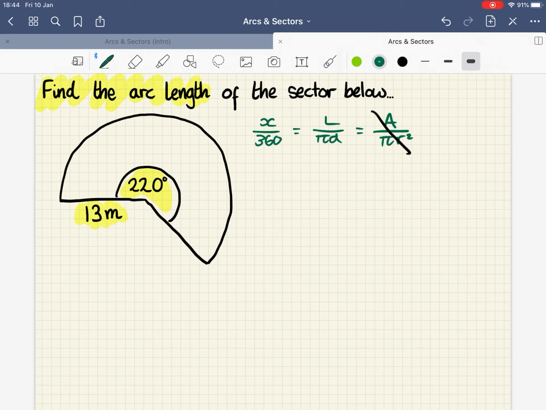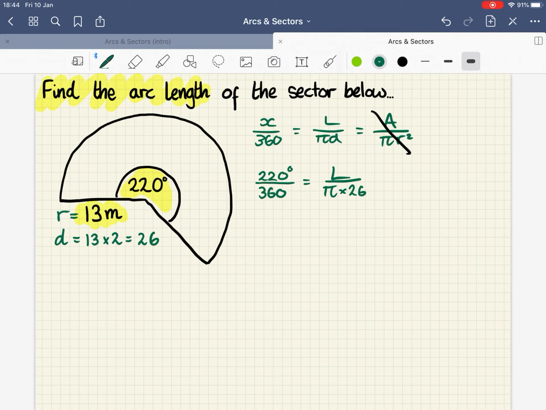Then I substitute the values I do know, so I've got 220 degrees over 360 equals the length over pi times. Now remember, this bit here is your radius, so to find your diameter you do need to times it by 2. Make sure you do not forget that.